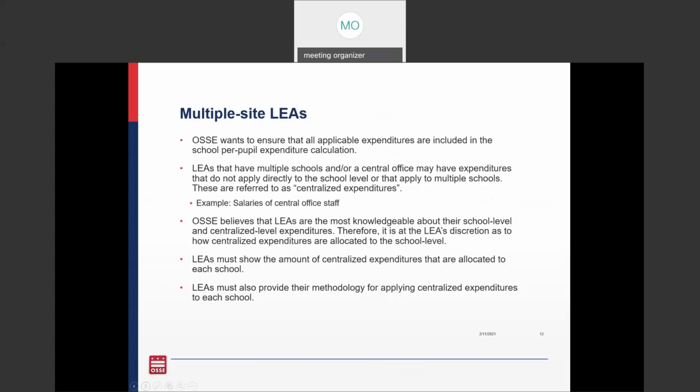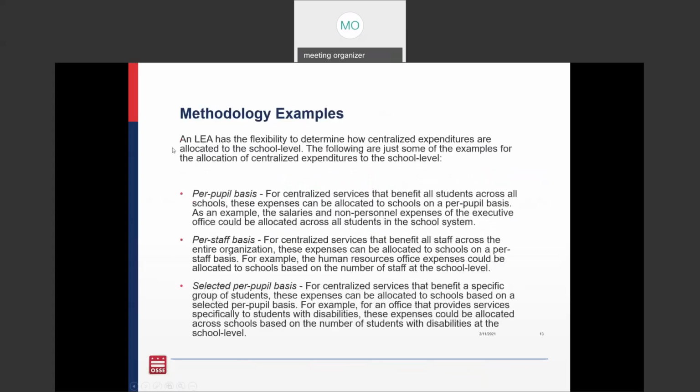And just to give you a few examples on the next slide, these are some of the methodologies that your LEA could potentially use. The first one is a per pupil basis. For centralized services that benefit all students across all schools, these expenses can be allocated to schools on a per pupil basis.